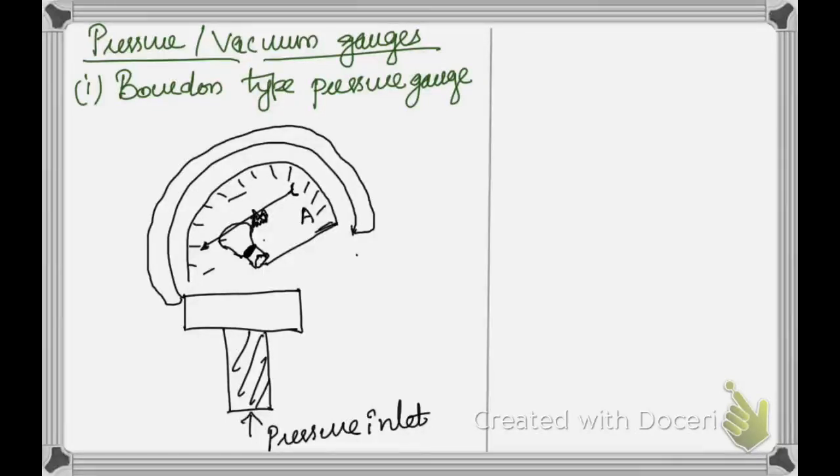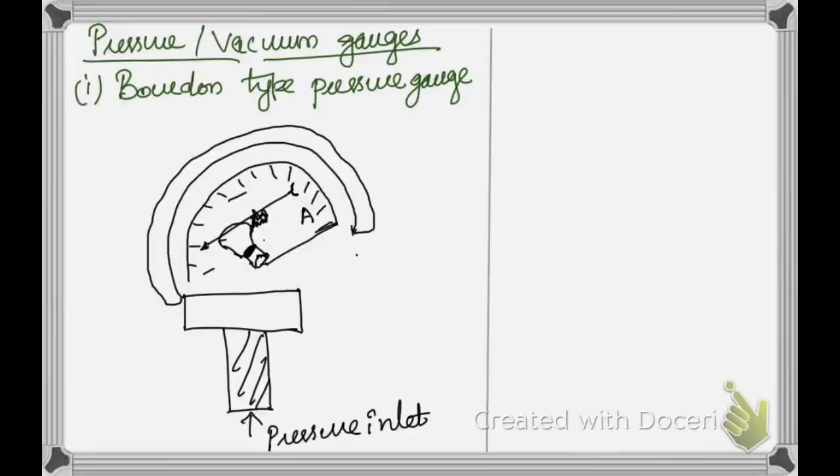When the gauge is connected to negative or vacuum pressure, the tube tends to close, and the pointer moves in the anti-clockwise direction. So the pointer can move both clockwise and anti-clockwise, and Bourdon type gauges are generally used to measure medium to very high pressure.